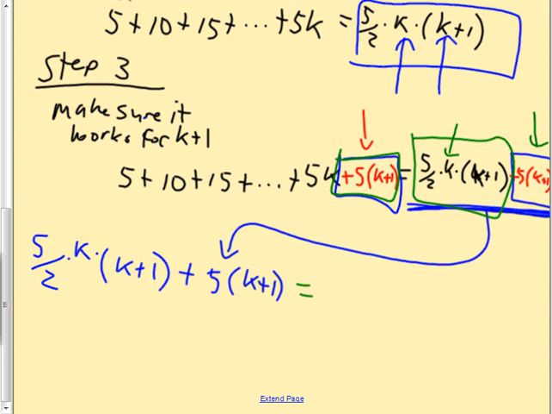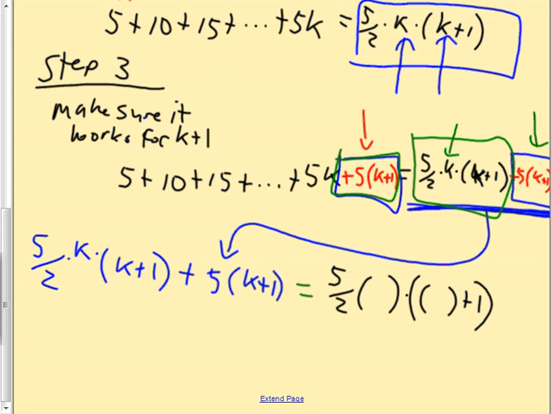All right, so all I've done is recopy what I had on the right side of the equation. What this should equal is 5 over 2, and I'm going to replace this k and this k right here. Do you get what it should come out to?